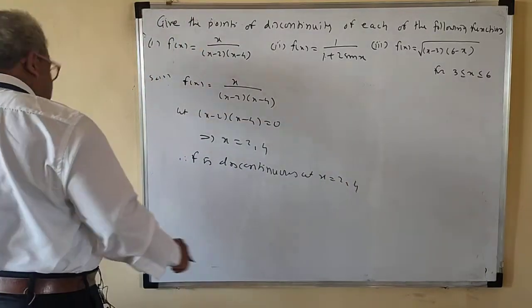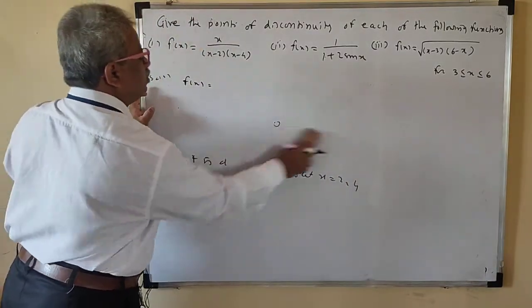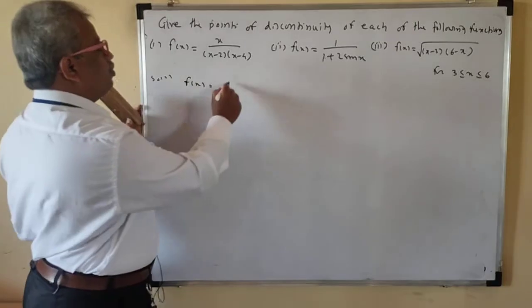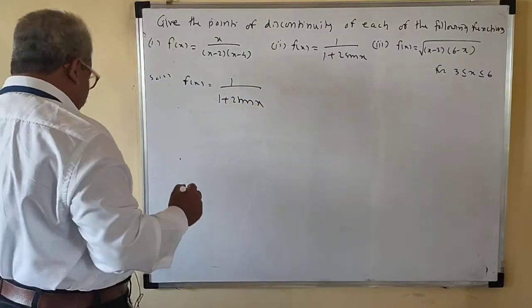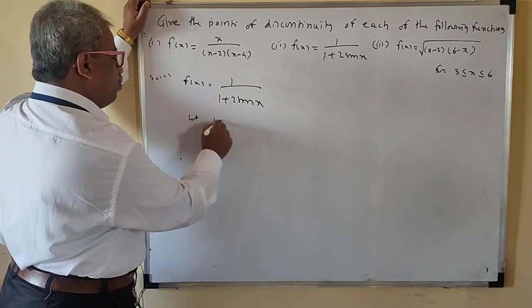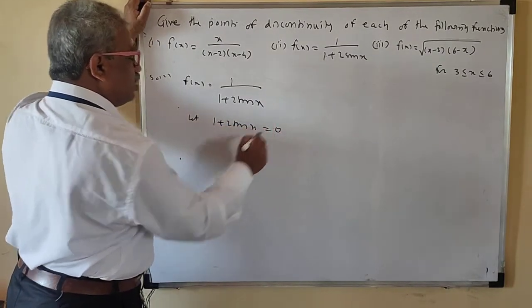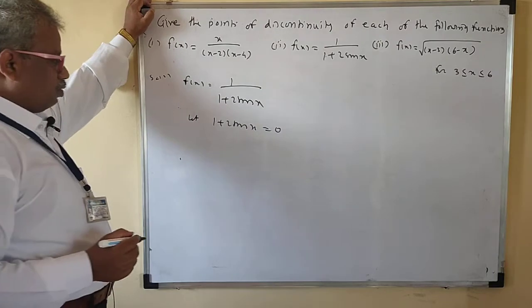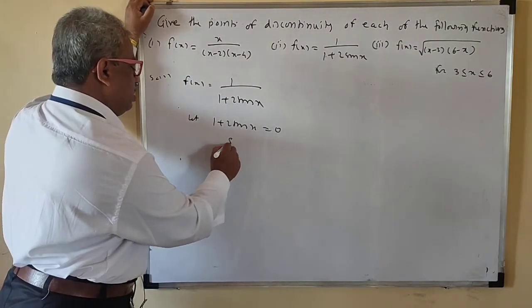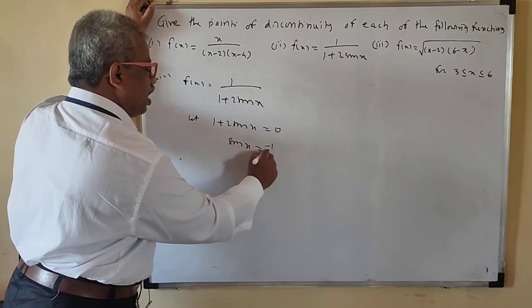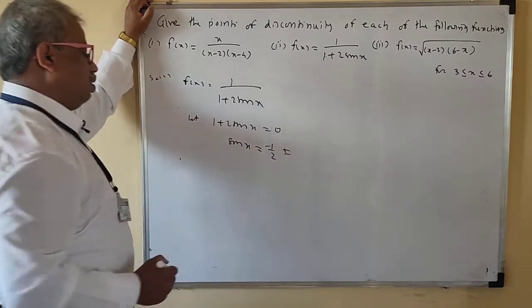Okay. Now the next example is f of x is equal to 1 upon 1 plus 2 sin x. We'll let 1 plus 2 sin x is equal to 0. So sin x is equal to minus half.